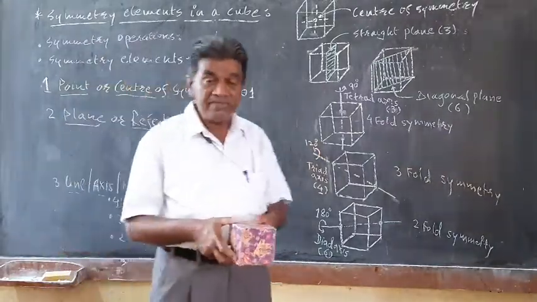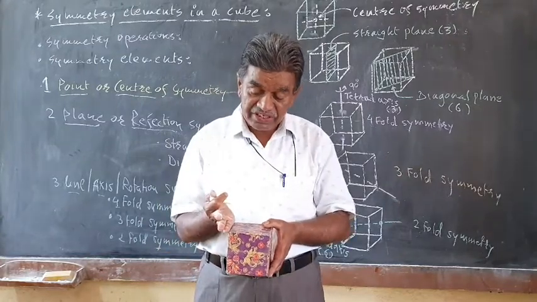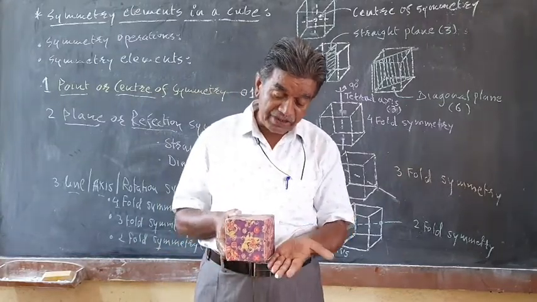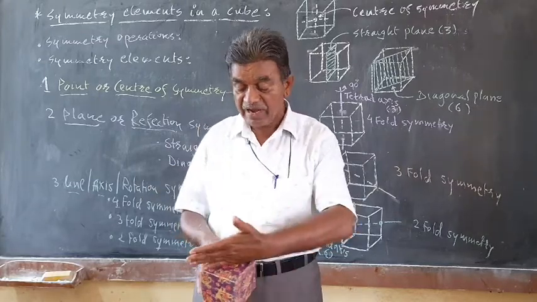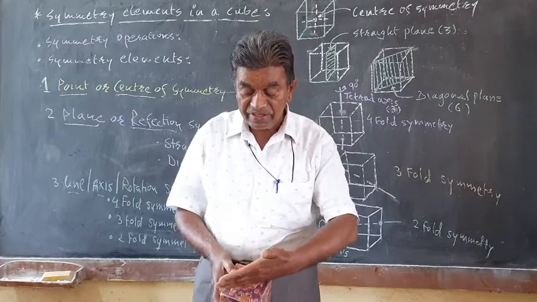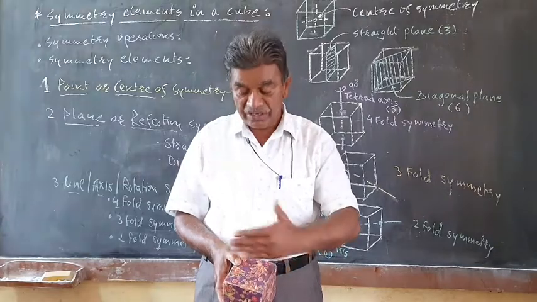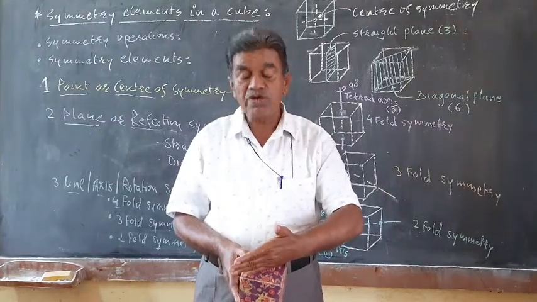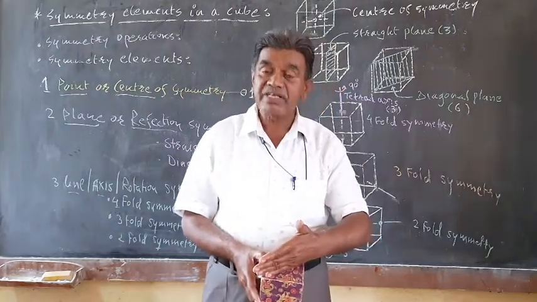Again the crystal is imaginary. We have to consider the imaginary plane passing through this edge and the opposite edge here, these are the diagonal planes. You are getting diagonal planes like this. The crystal is divided into two parts. This is one part, this is another part. These are mirror images of each other, and therefore these diagonal planes are also planes of symmetry. It is the imaginary plane passing through the crystal.